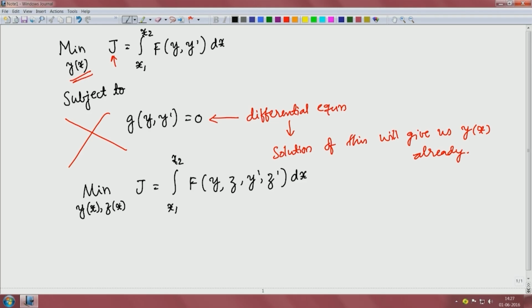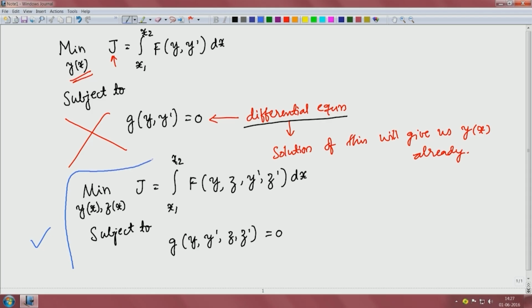There should be two functions, then only we can impose a differential equation type constraint. So now I have to say subject to a differential equation type constraint which depends on y and y prime and z and z prime equal to 0. Now, this is a properly posed problem.